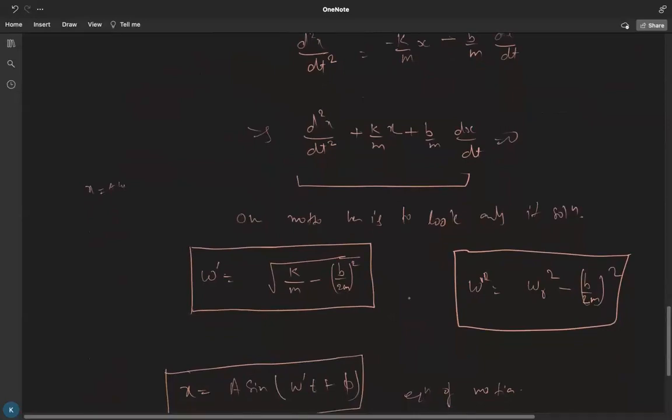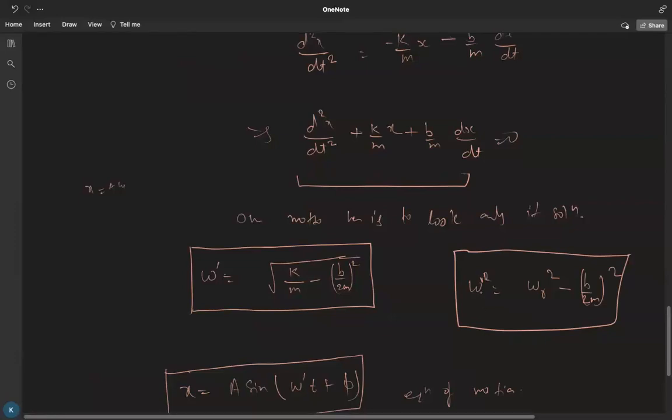And again, I am here telling you the main thing. When you go to college, you learn how to solve this differential equation. Actually, we have to take the trial solution. In this case, we have x is equal to A e to the power i alpha. Basically, you have to take the trial solution and solve this. And on solving, you get the relation between the omega in case of damping and the natural frequency.